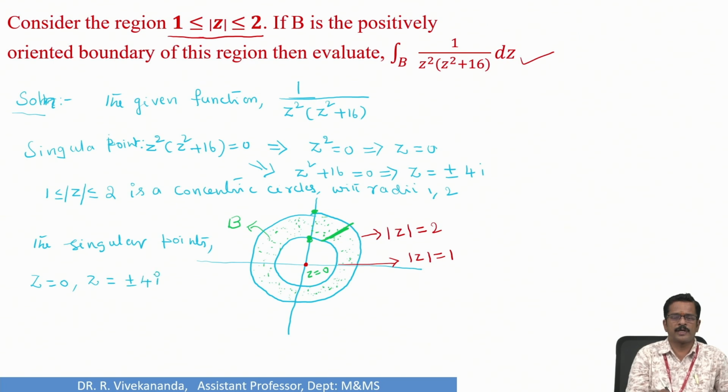Plus or minus 4i means 4 units, mod z equals 4. So definitely it lies outside. Z equal to 0 also lies outside the region B.